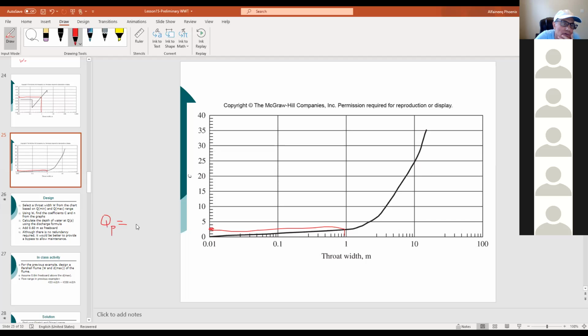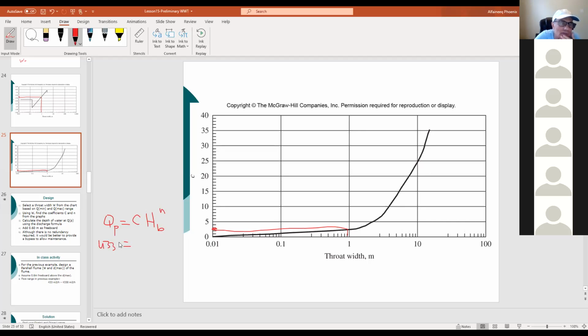All right. Q equals C H approach raised to N. If you have your Q peak, how much was it? 4330? Yeah. They usually calculate it for Q peak, then average and minimum. You need to know the elevations in that flume that you're going to order.